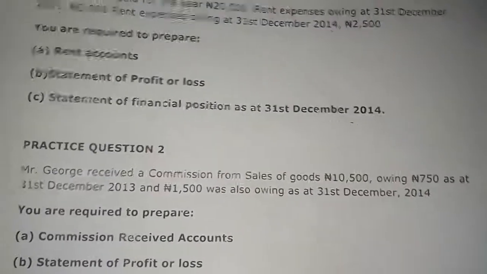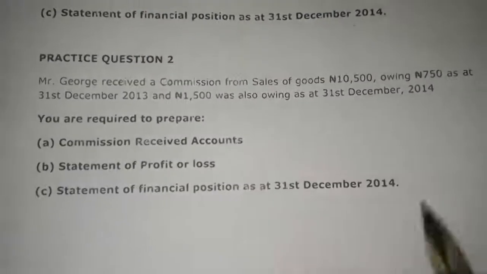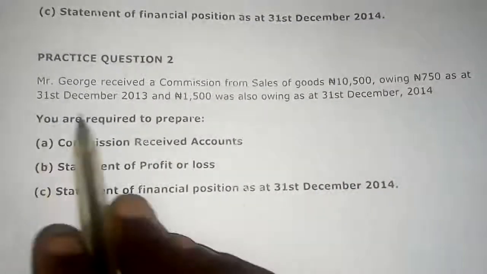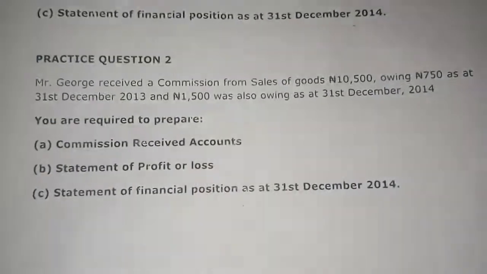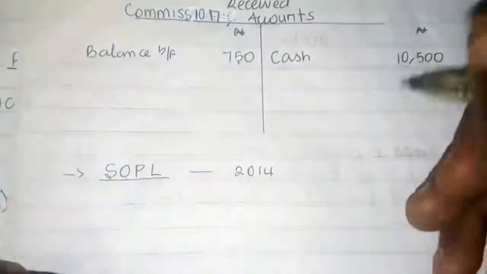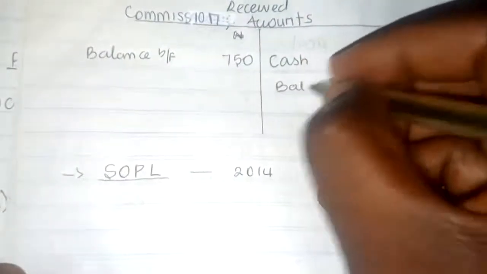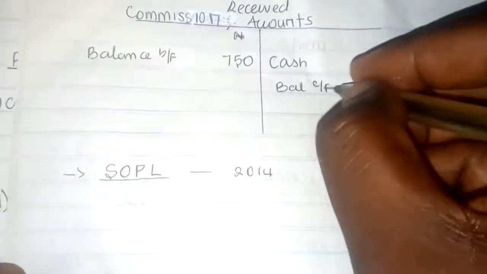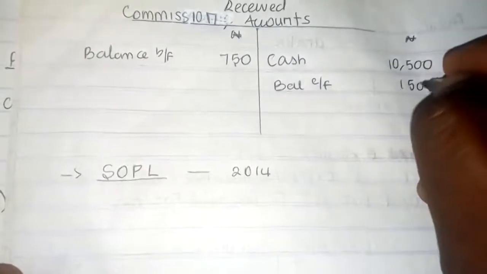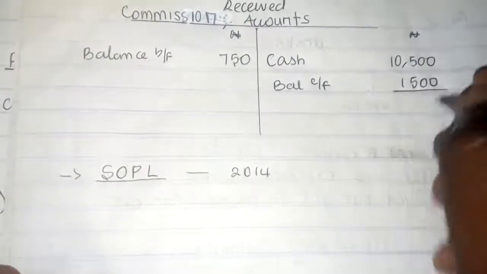You can pause the video to read through this question, which is 750 for 2013. That's the previous year. Now for this current year, you say balance carried forward, which is 1,500.